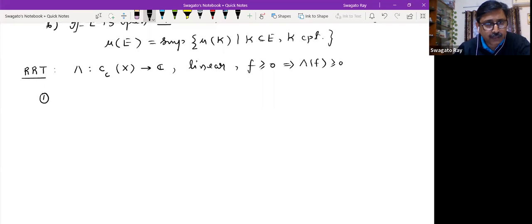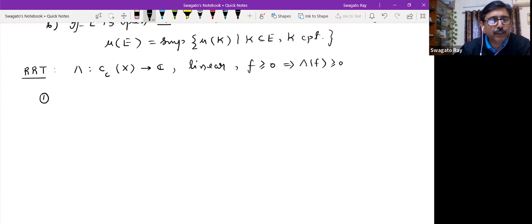Has this been discussed? If it has not been discussed, no problem. In the tutorial problem, we'll discuss some such problem. But how does one define a positive linear functional on an arbitrary set X? But let's not discuss much about it.